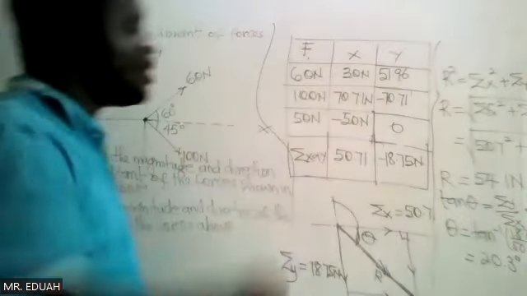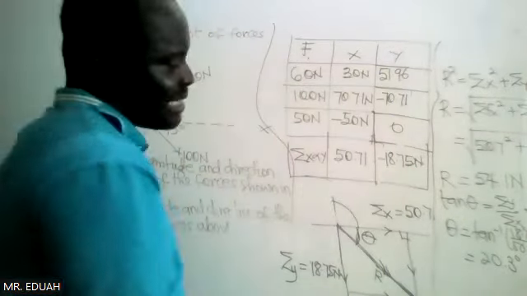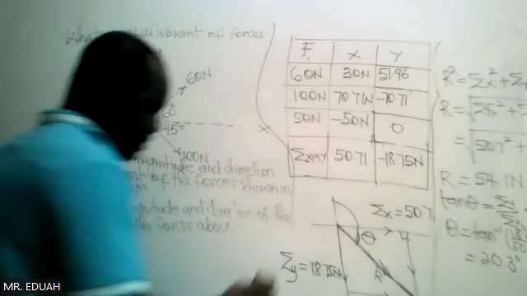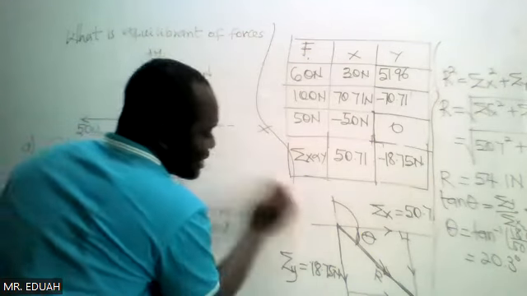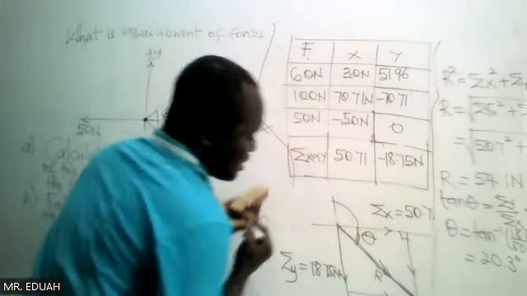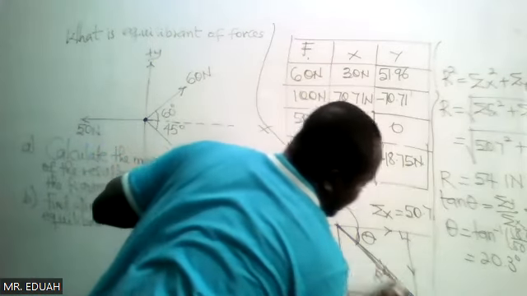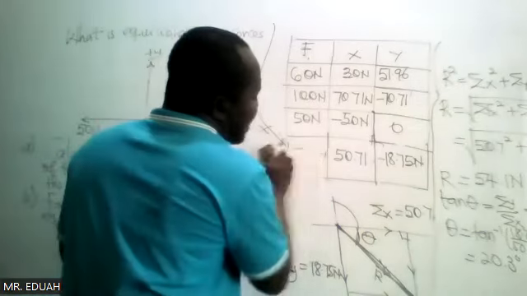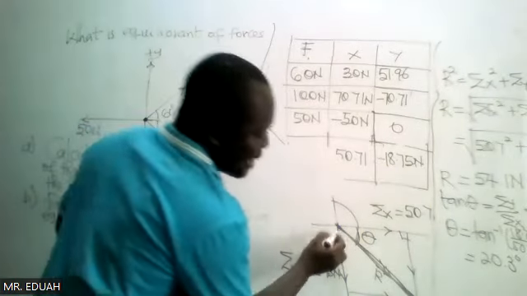Yes, please. So when the equilibrium comes in, the net force acting on the system is zero. Now, look at the direction of the resultant. The resultant is acting in this direction. The equilibrium must have the same magnitude.